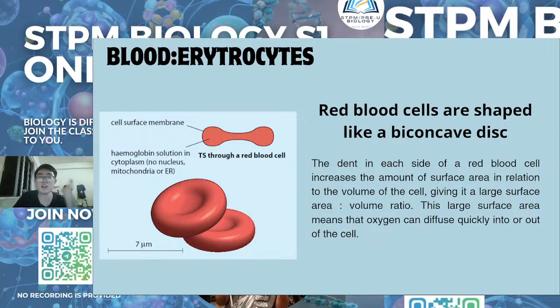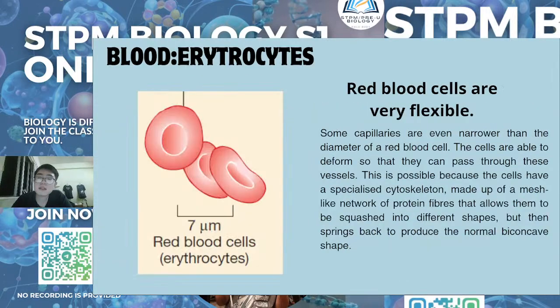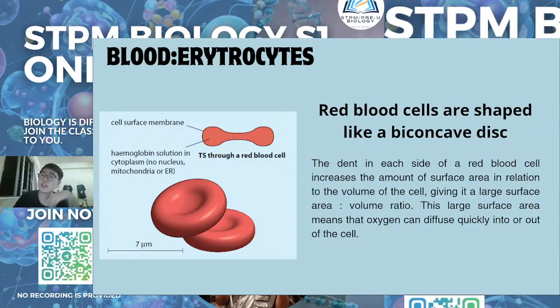The main function is to carry oxygen and also carbon dioxide, in gas exchange. Okay, so that's all. This is just the main structure of the erythrocyte. The first structure is the biconcave disc shape.